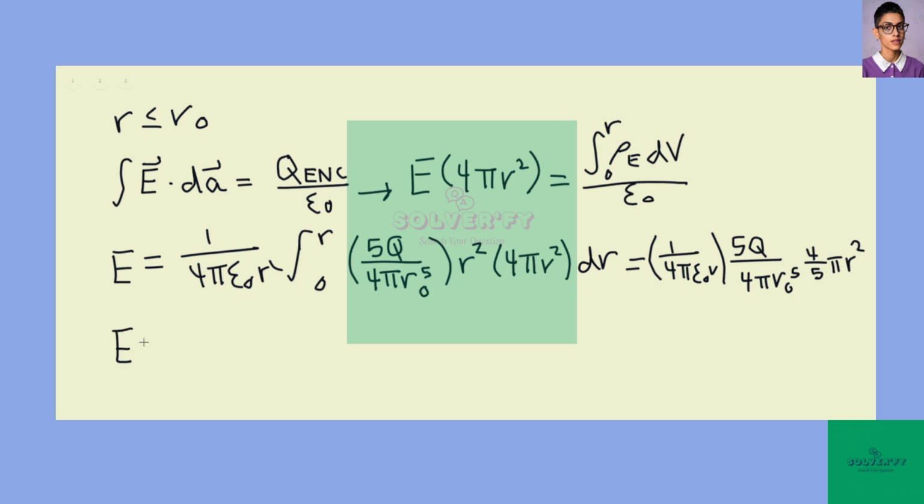So doing a little bit of simplification now, we should be able to get to the result of 1 over 4 pi epsilon naught r times q r to the 5th over r naught to the 5th.